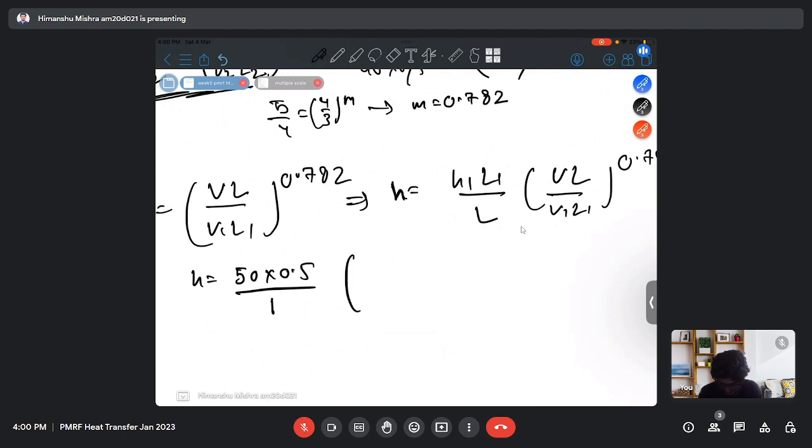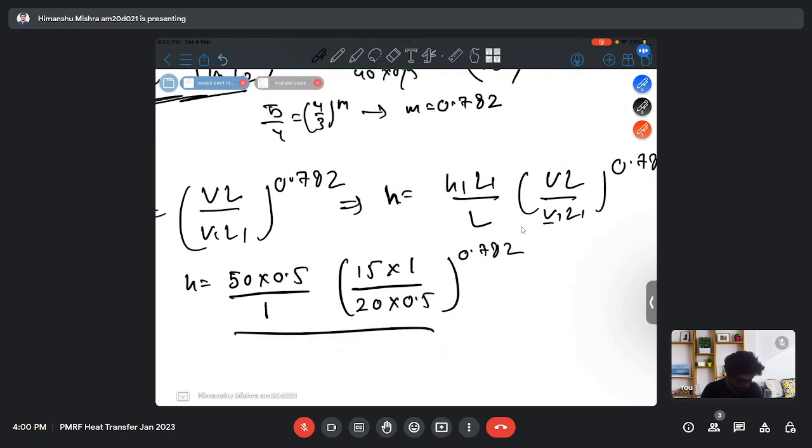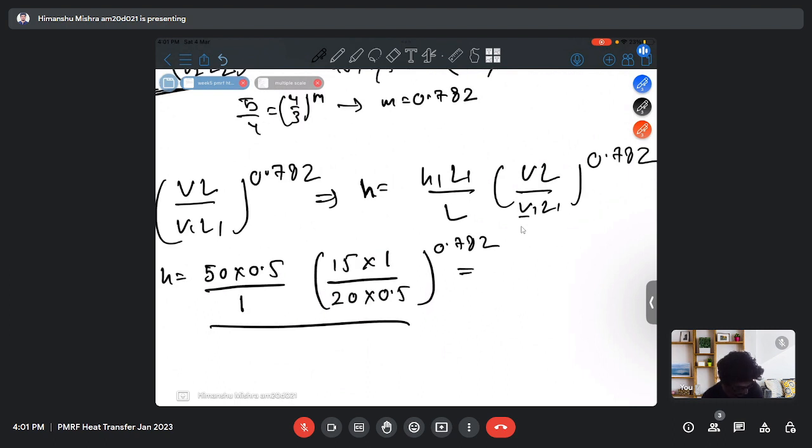New velocity is 15, and my previous velocity V1 is 20. So after solving this expression, my modified H will be 34.3 watt per meter square Kelvin.